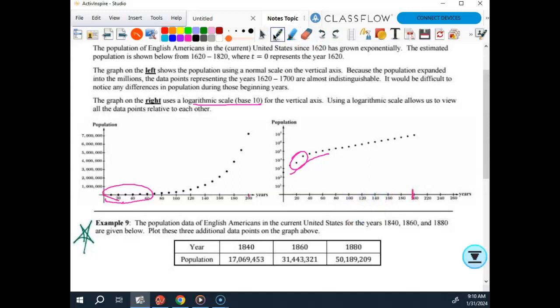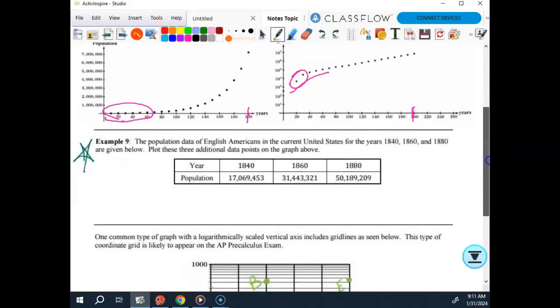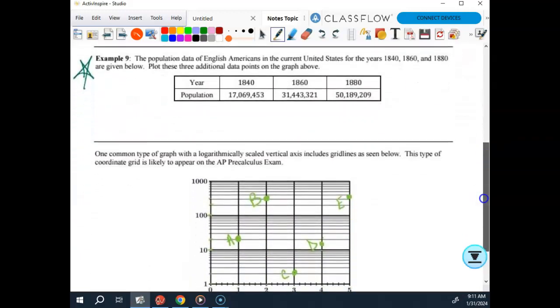Now this graph right here goes to 200 years, and so did this one, but then I extended it some more because we are going to plot the next three years: 1840, 1860, 1880. You can see there was a little over 7 million right there, and then we jumped to 17 million, then 31 million, then 50 million.